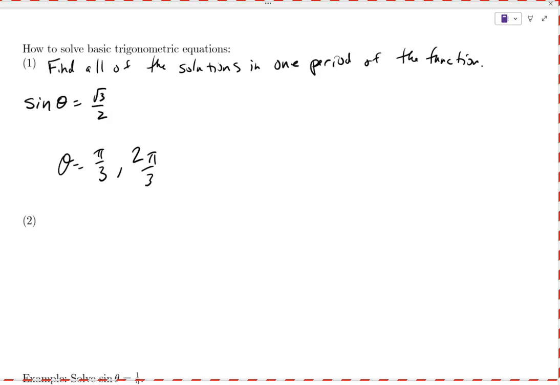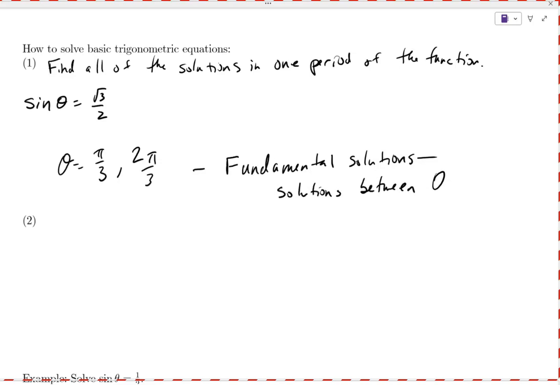A lot of times, by the way, these will be referred to as the fundamental solutions. So these are the solutions between 0 and 2 pi.